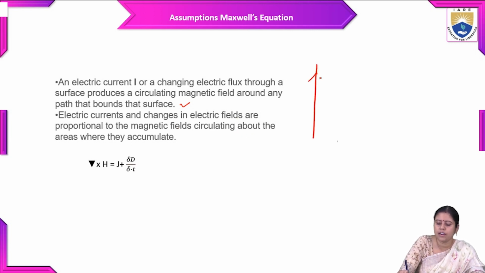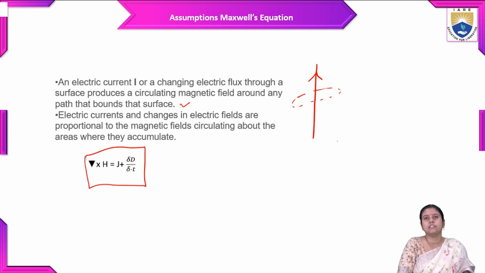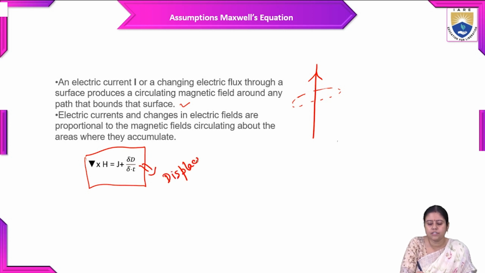So if this is a current, it is a circulating area, so it is proportional to this value. And we can write the modified equation as curl H is equal to J plus del D by del t. What is del D by del t? Del D by del t is nothing but the displacement current density.